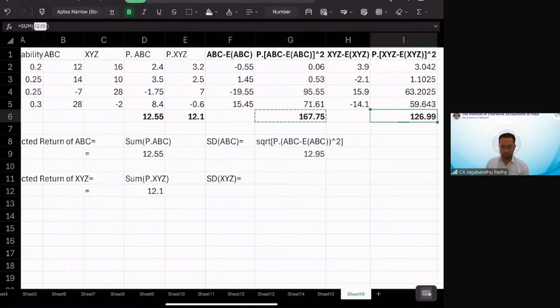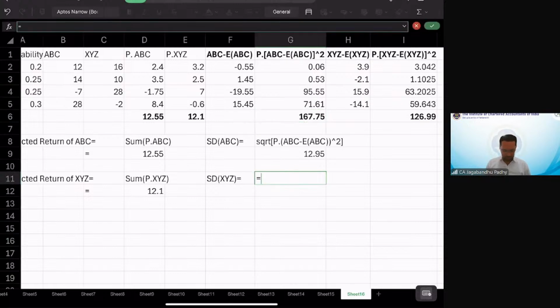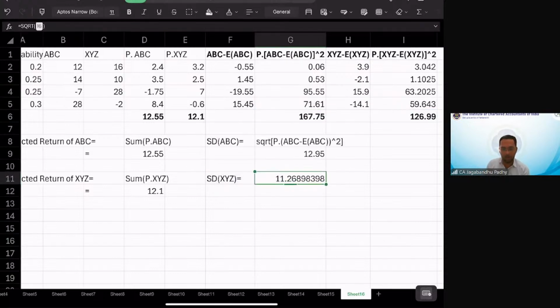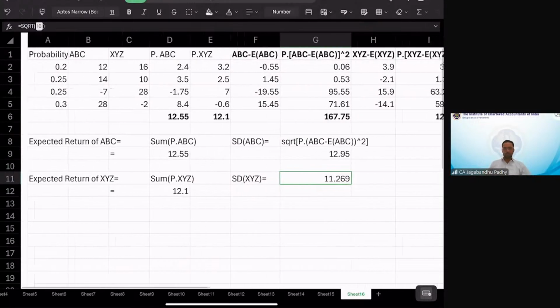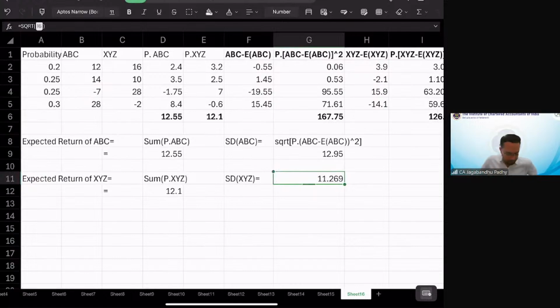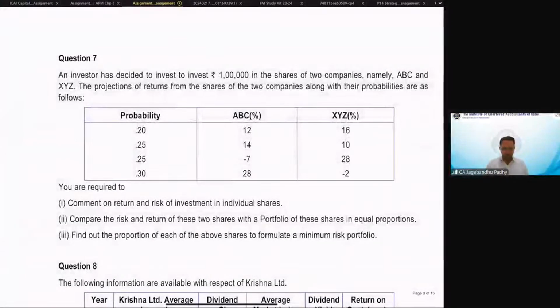This is 126.99, so the square root of 126.99 is 11.27. 11.27 is the standard deviation of XYZ. Okay, so that part is done.